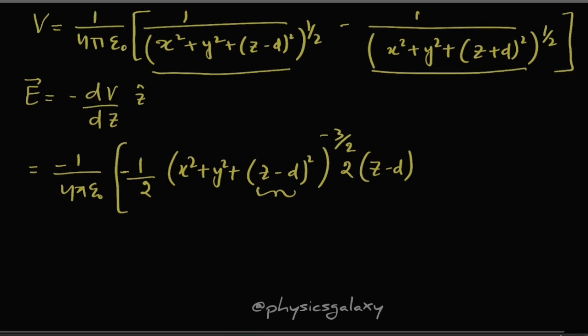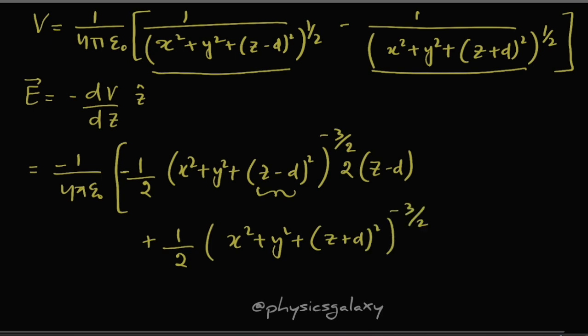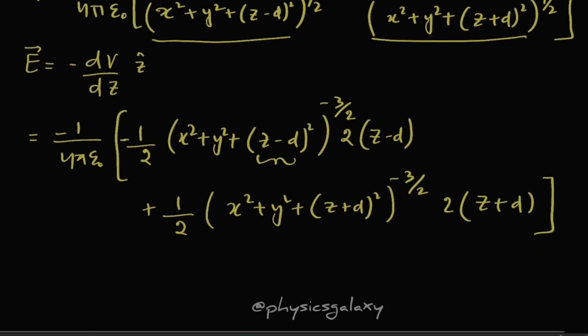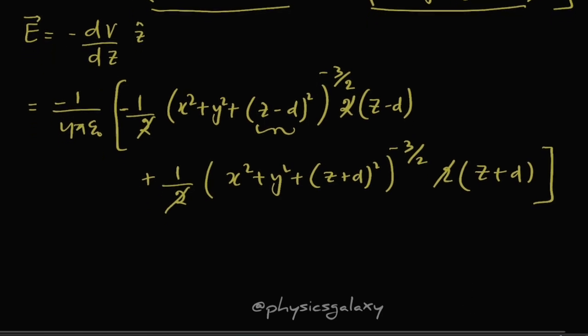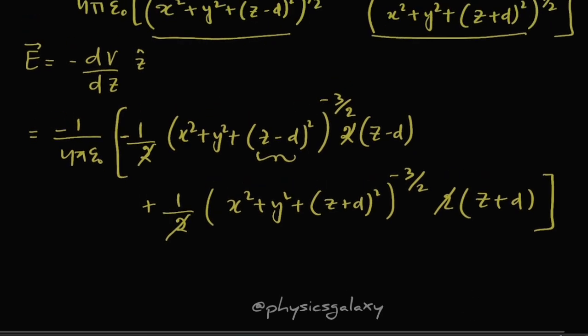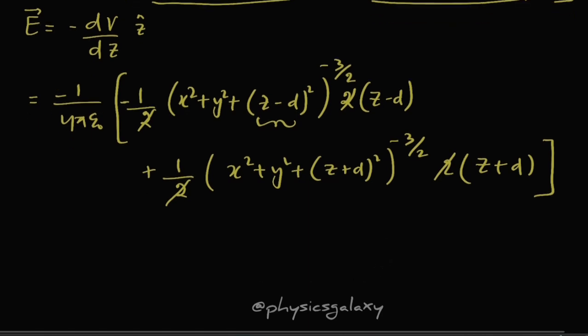Then we have this term, so minus becomes plus 1 by 2, x square plus y square plus z plus d whole square to the power minus 3 by 2, then 2 times z plus d. So this is my electric field. You can simplify it a bit, suppose the 2 and 2 cancel out. But I want to find the electric field when z equals 0. Okay, z equals 0, right?